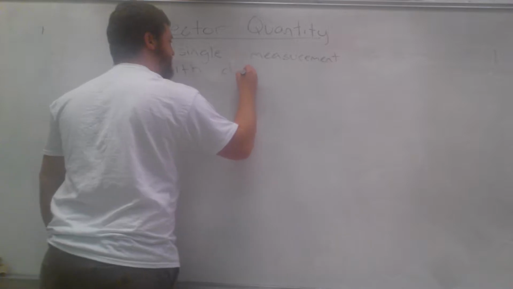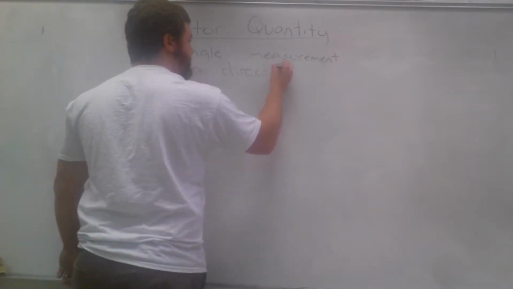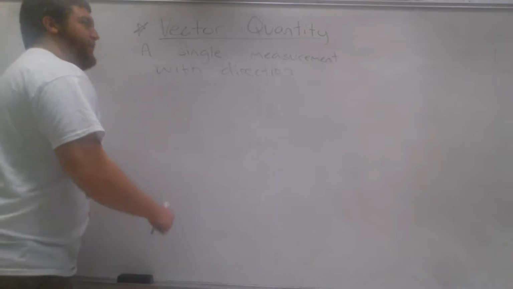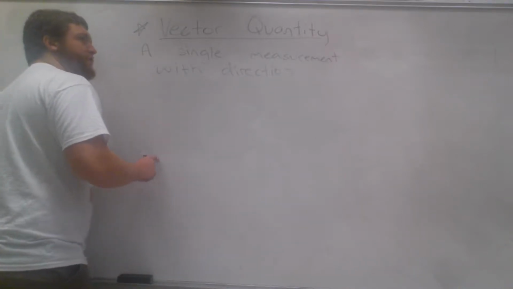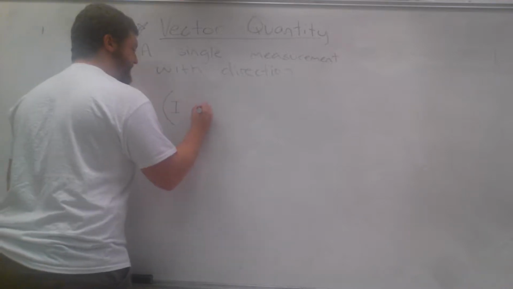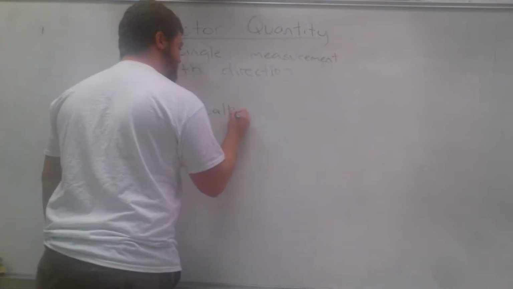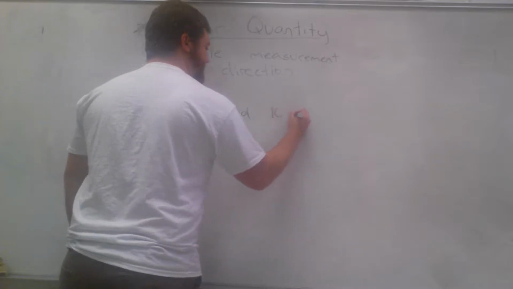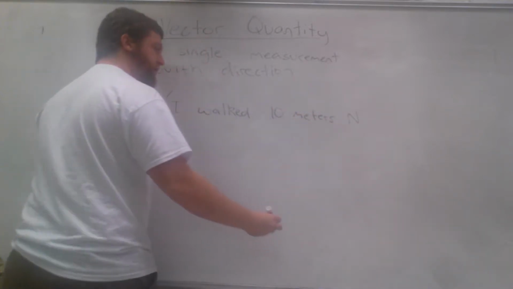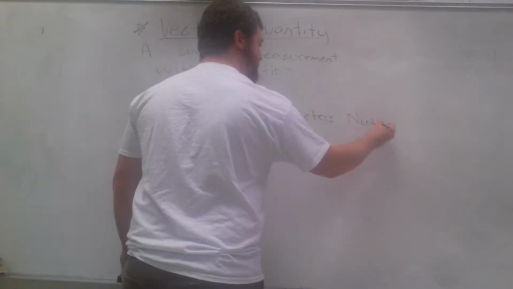Now, that direction does not have to be a speed or a time or anything like that. It can be, for instance, I walked 10 meters north. I'll write north. 10 meters north.